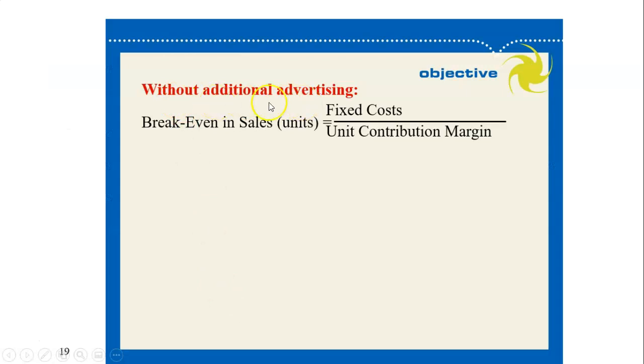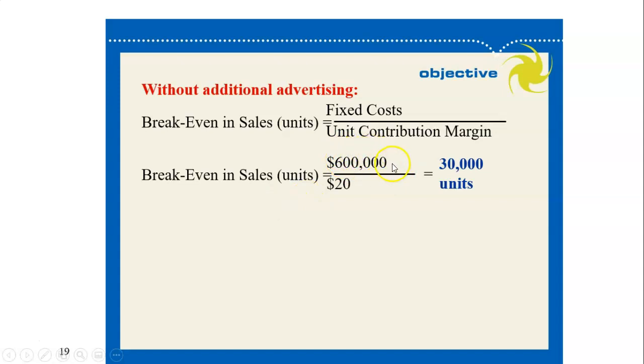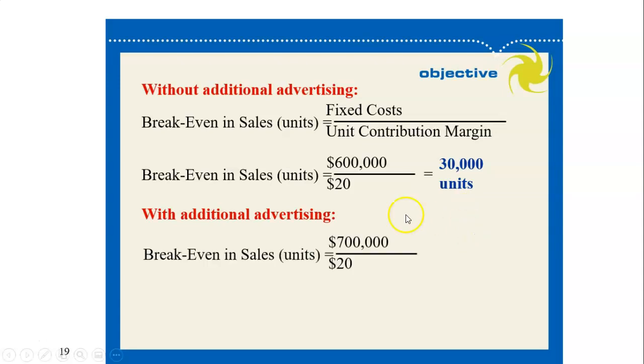So without the additional advertising, meaning right now, we have fixed costs divided by our unit contribution margin. Our fixed costs right now are $600,000 divided by our $20 unit contribution margin, and that's 30,000 units. We have to sell 30,000 units right now to break even. Now, what if we add the extra 100,000 of advertising? Now our fixed cost on the numerator is 700,000. We're still dividing by the $20 unit contribution margin.